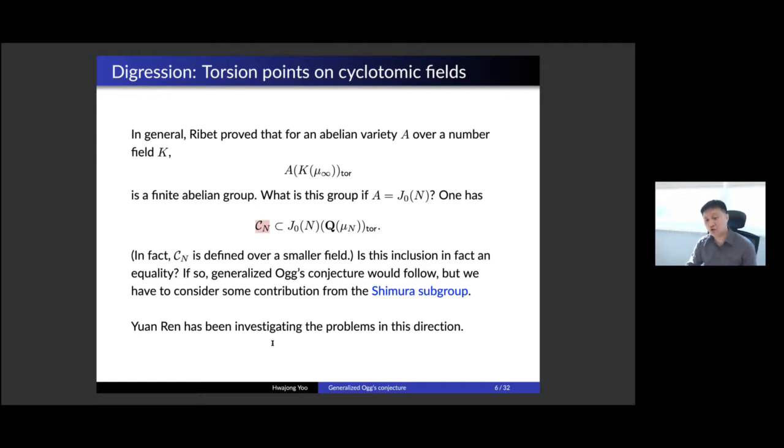The intersection between the cuspidal group and the Shimura subgroup is at most of order 2. So this group consists of almost the cuspidal group and the Shimura subgroup. And Yoo studied this question in some cases, and he proved some results in that direction when n equals a prime p.